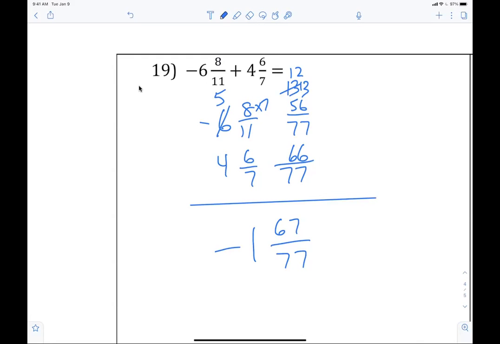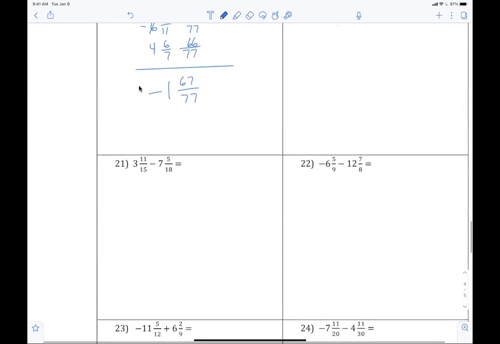Well, I know you can do subtraction. So why don't you try it again? 133 minus 66. What did you get now? Oh yeah, I got 67, sorry. Perfect.